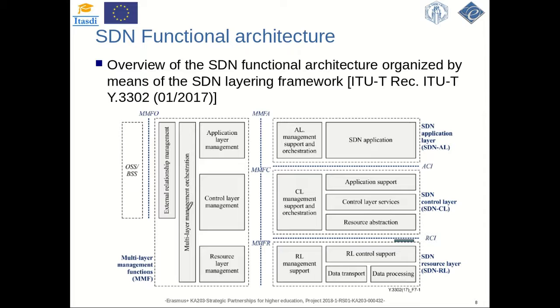Basically said, we have also external relationship management with other non-SDN networks, and all those functions are named multi-layer management function. For more detail, you can see this recommendation given from ITU-T.